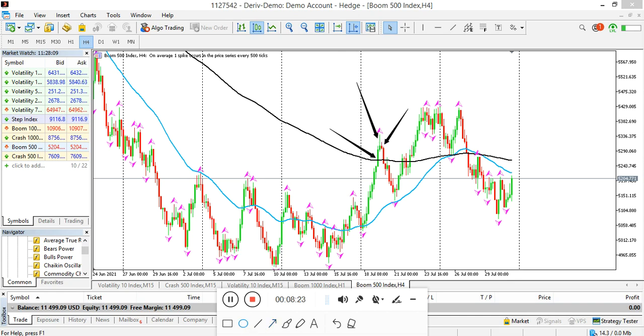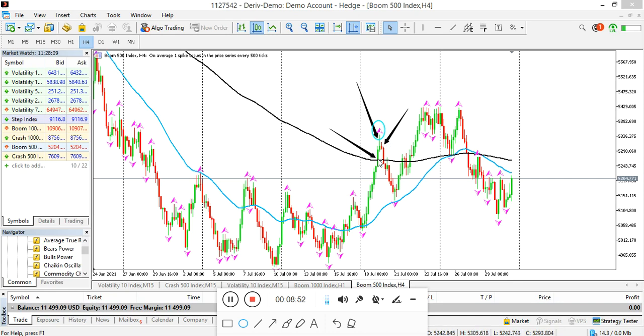This fractal, this arrow indicating a goal that is going down. Now, how does 3 candle pattern matter? Please listen very well. 3 candle pattern matters at higher time frame, and mostly at major support or major resistance area.